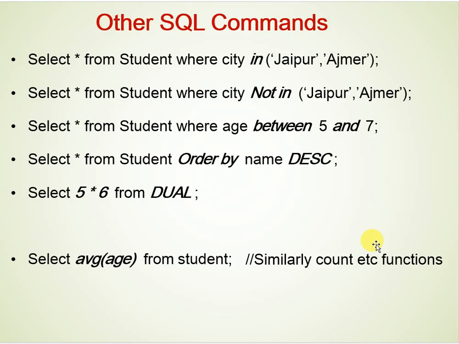See another, select star from student where city not in Jaipur and Ajmer. It means it will show the records which do not include the cities Jaipur and Ajmer. See another condition, like select star from student where age between 5 and 7, meaning 5 and 7 are also included.